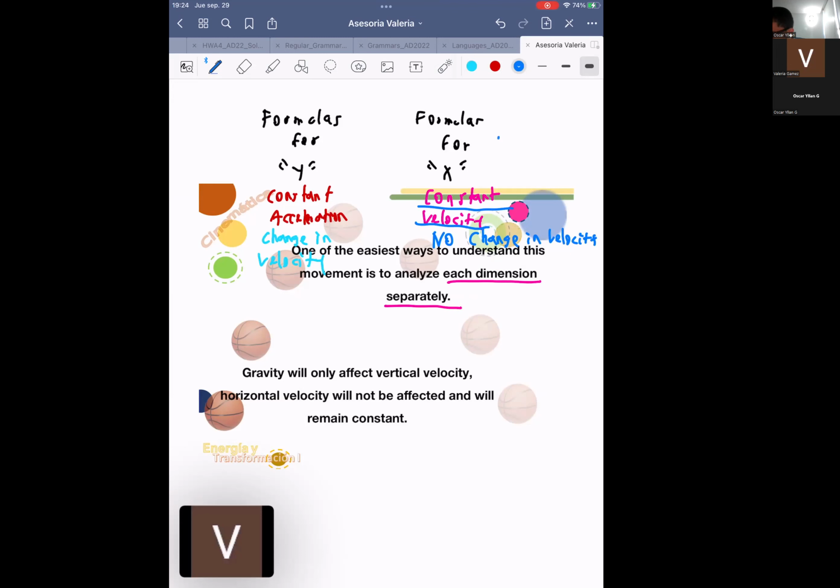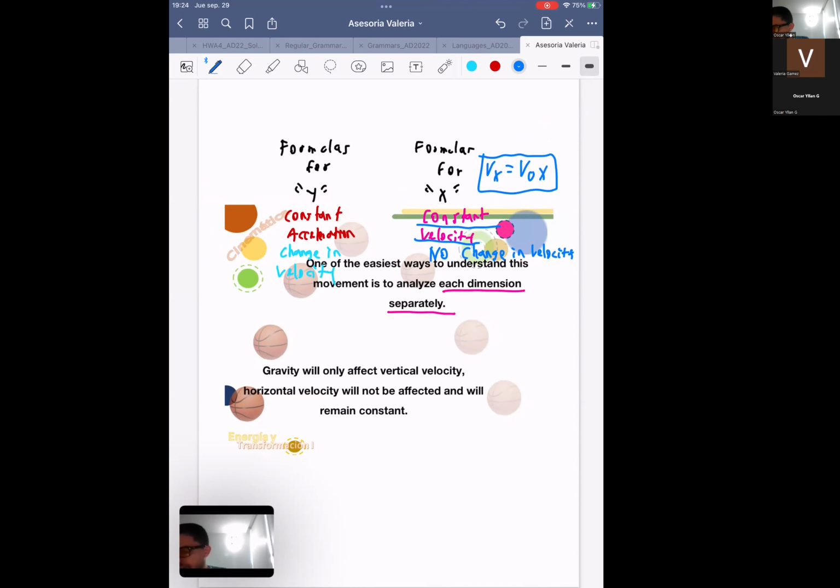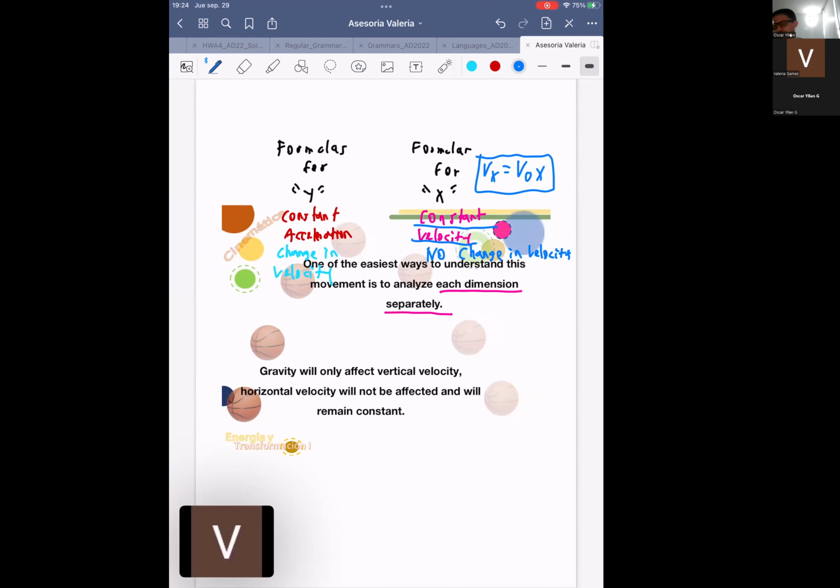Basically, Vx is always going to be equal to the original velocity in x. This is always going to apply for projectile movement. Gravity will only affect vertical velocity, because if you remember, g always points downwards. So it just affects the y movement.